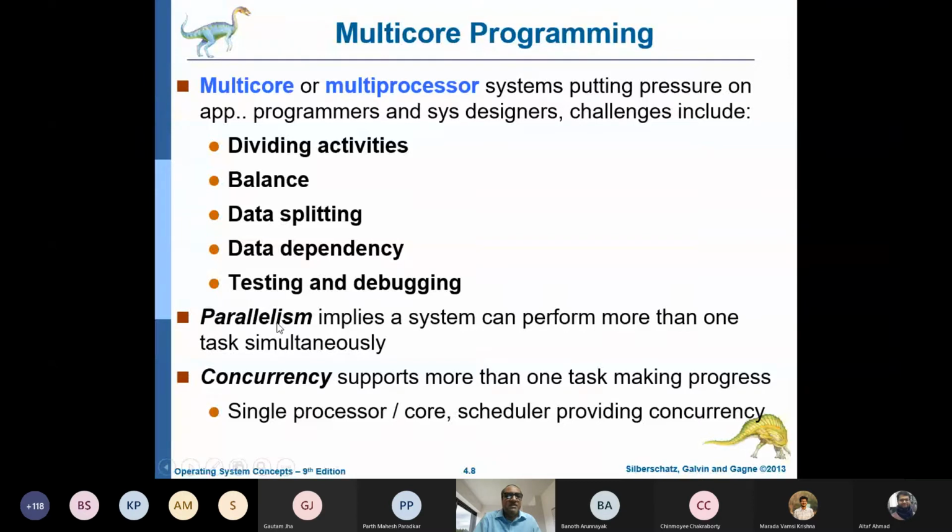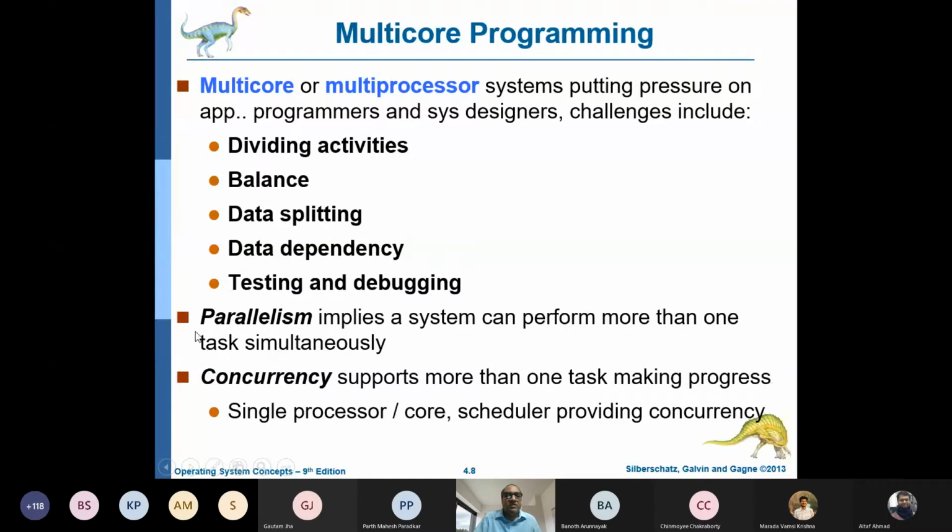Whereas parallelism takes care of both concurrency as well as parallel execution. It means you can schedule multiple execution sequences in parallel on a multi-core system. Therefore, parallelism you see on multi-core systems, whereas only concurrency you see on a single-processor system.